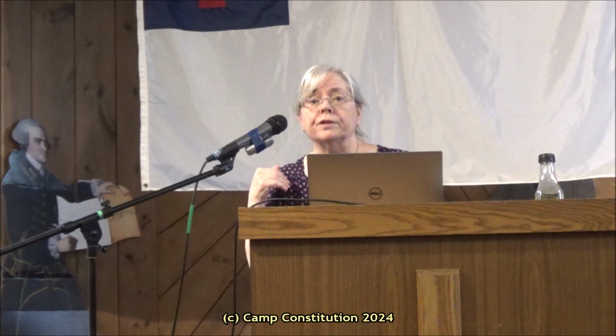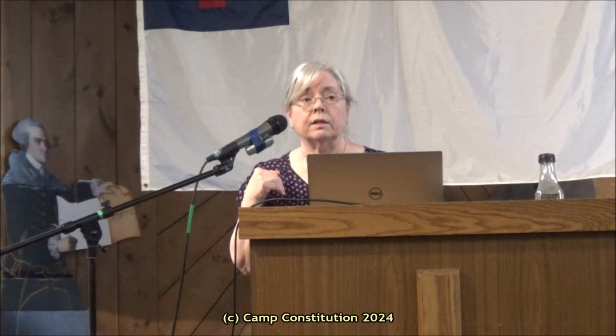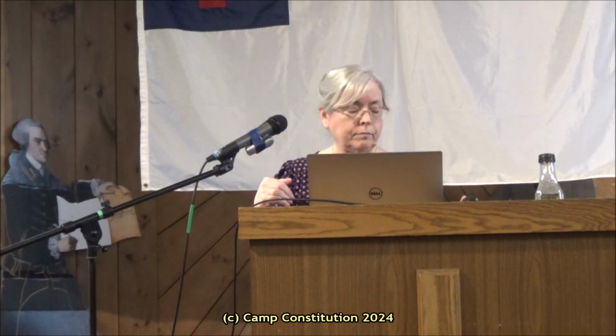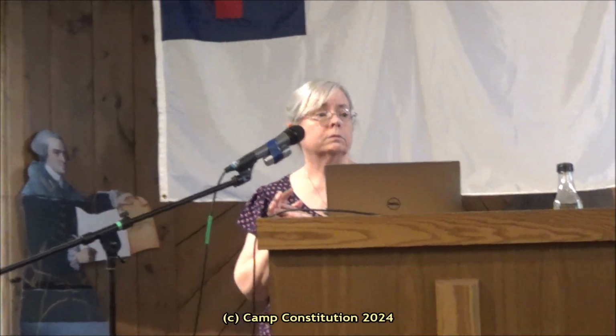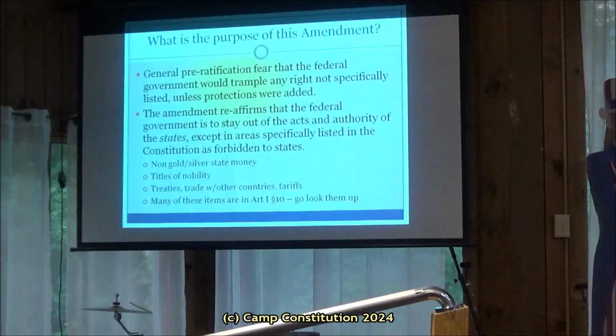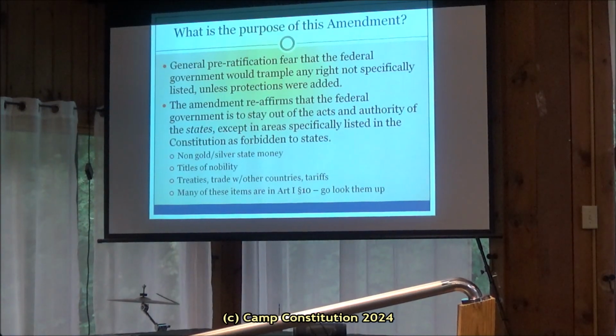It's all for the states and the people, not the federal government. So the purpose here, if we think about what the purpose is, is this same pre-ratification fear that the government was going to trample on any right that wasn't specifically listed unless protections were added.